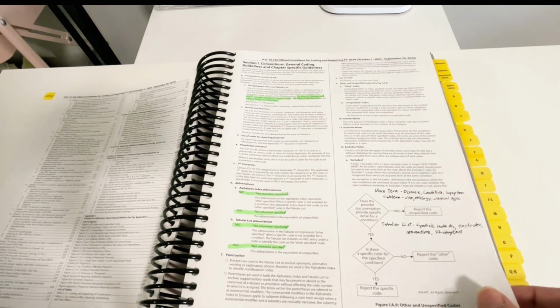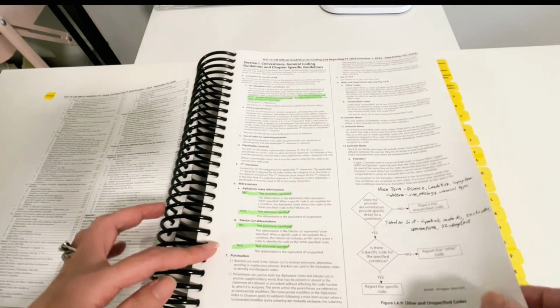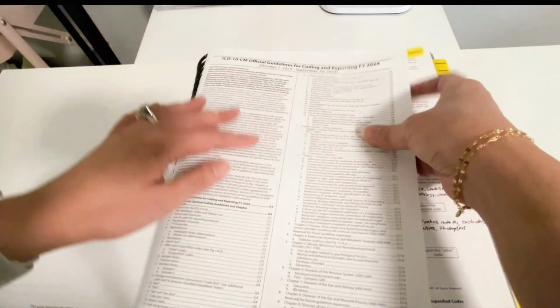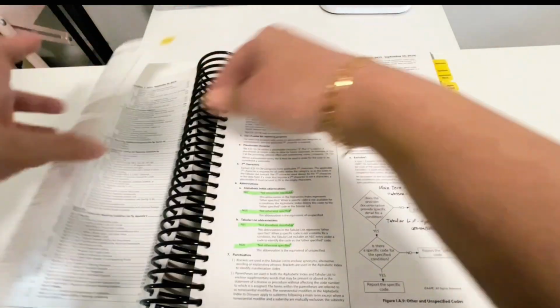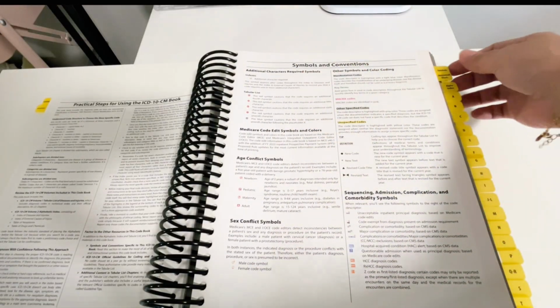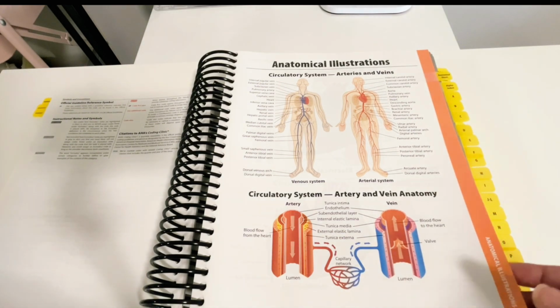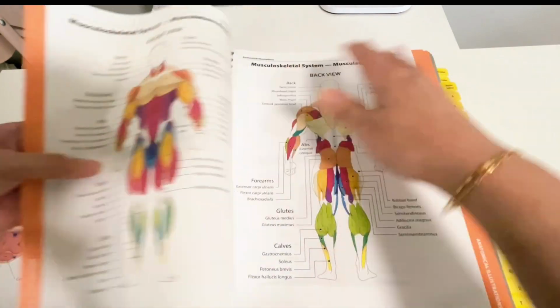You are only coding diagnosis codes. So we have here first the ICD-10-CM guidelines, and then another tab, we have the instructions, the symbols and conditions. We have also the anatomical illustrations, and many more.